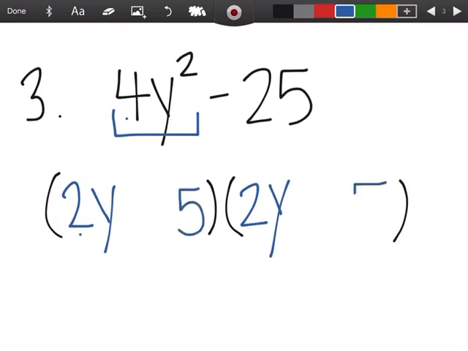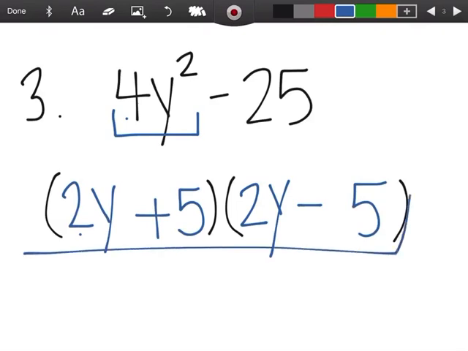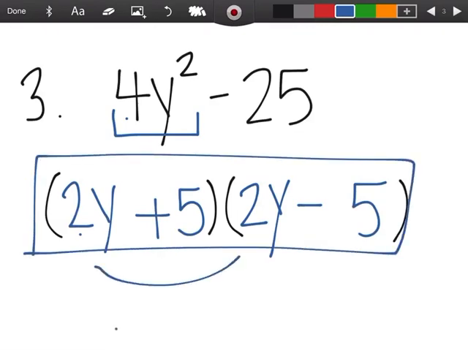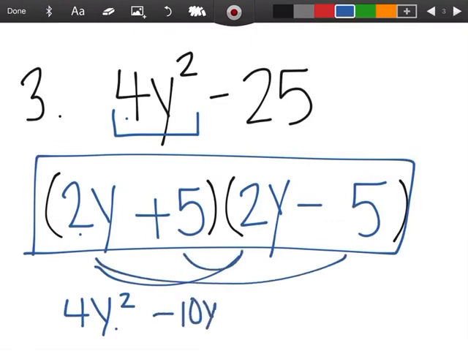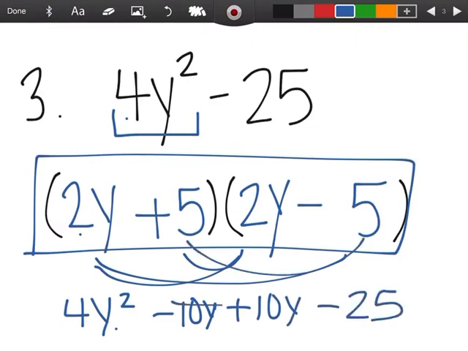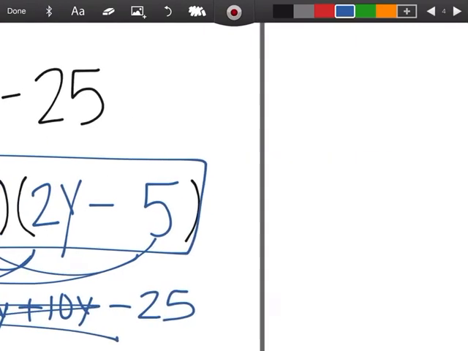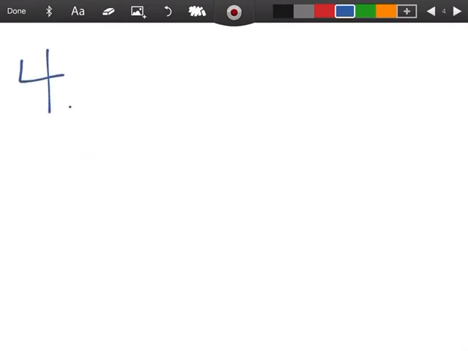And then what did they square to get 25? That's 5, so plus 5 minus 5. So that is the answer. If I were to multiply this out, I'd get 4y squared minus 10y plus 10y minus 25, and then those would cancel out and get what I want.